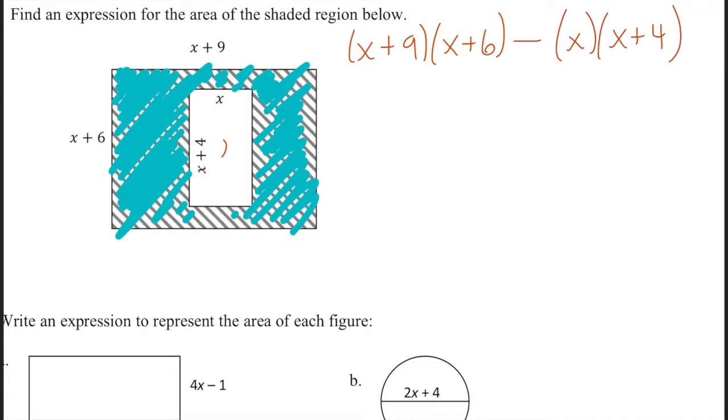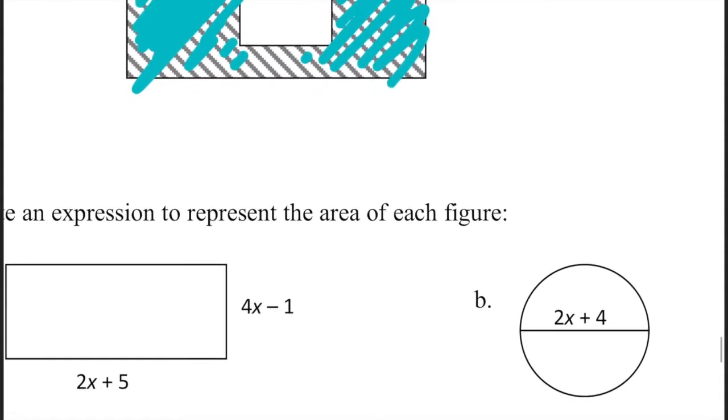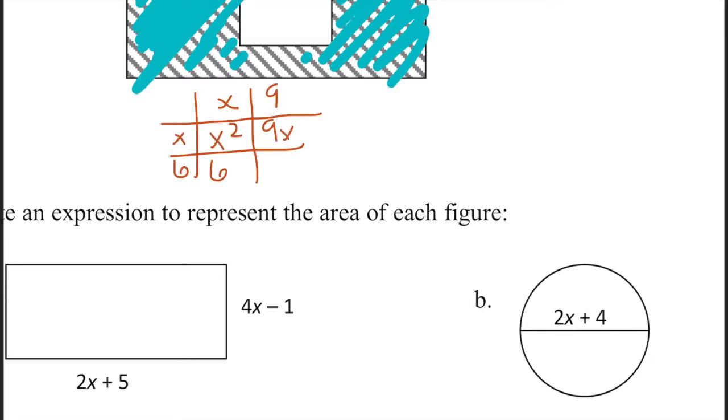Now, I want to simplify this and simplify this. I'm not going to touch the subtraction just yet. So let me do x plus 9 times x plus 6. I'm going to do it down here. X plus 9, x plus 6, this would be x squared, 9x, 6x, 54.